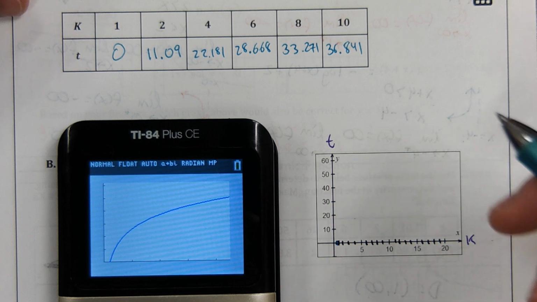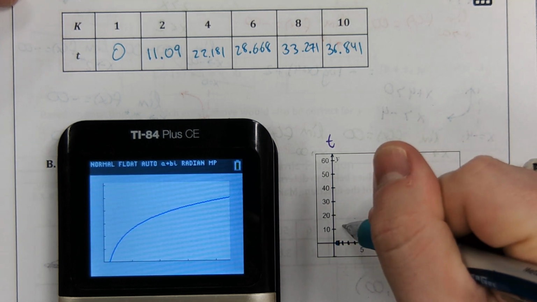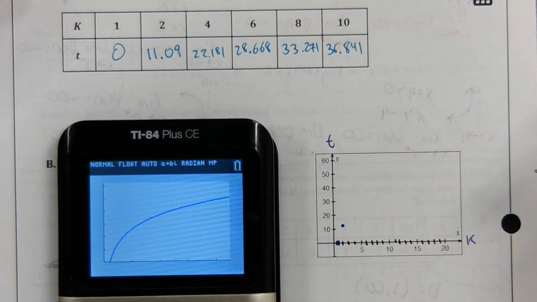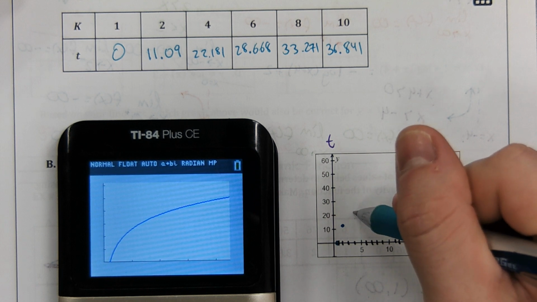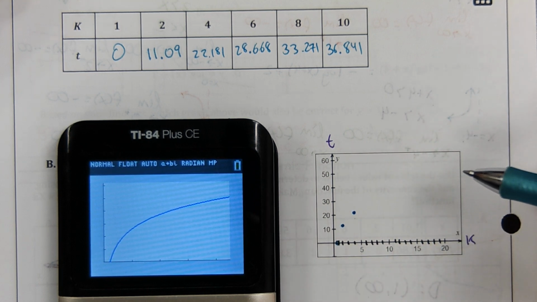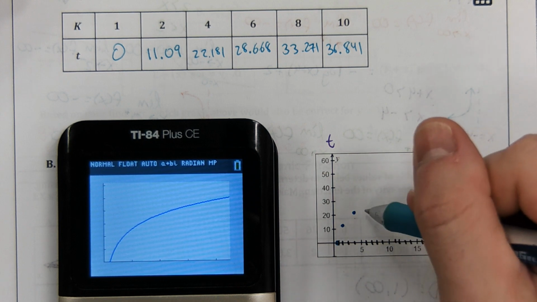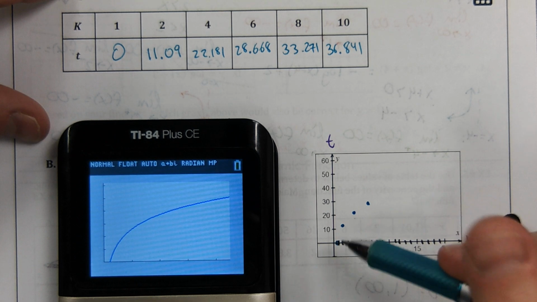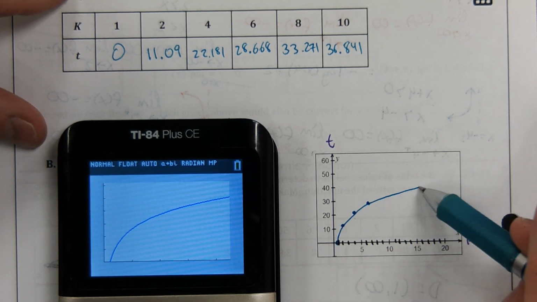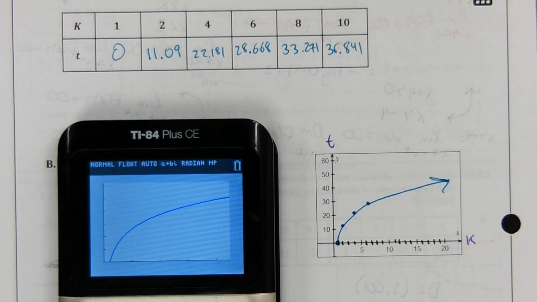And 2, 11.9 is here-ish. 4, 22-ish. 6, almost 30. I think we're getting the idea, right? So it looks something like this. Looks like that. Comfortable? No big deal? Yeah? Okay.